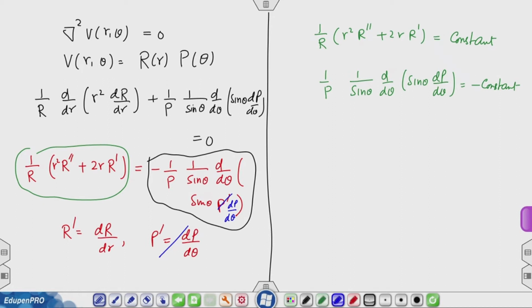Let me make a change of variable and use cosine theta as variable x, because cosine theta is natural in spherical polar coordinates.